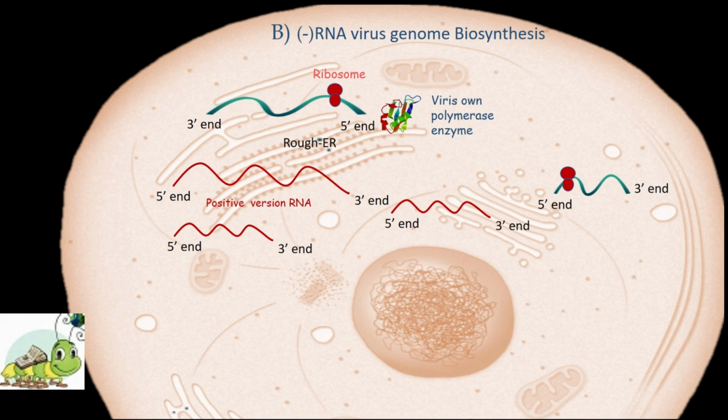The negative stranded RNA genome is not infectious by itself, and a polymerase must be carried into the cell with the genome, which is associated with the genome of the virus as part of the nucleocapsid. To make and transcribe positive RNA strands, that is equivalent to mRNA.